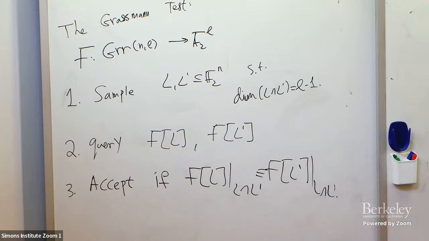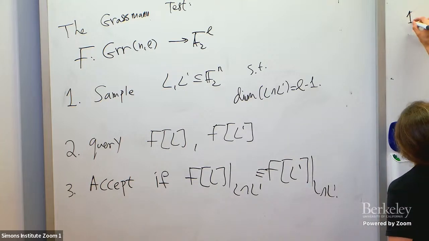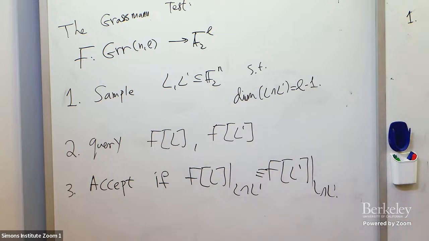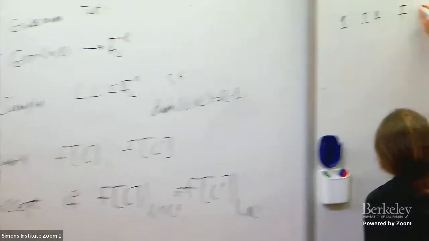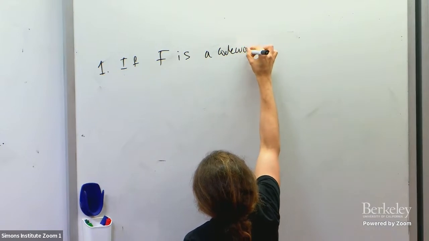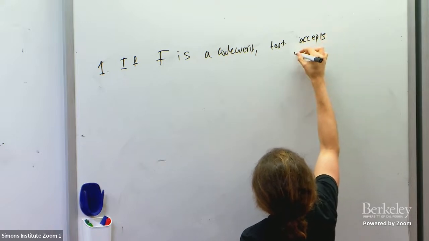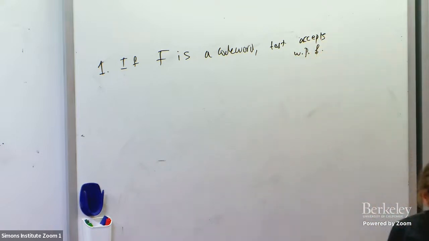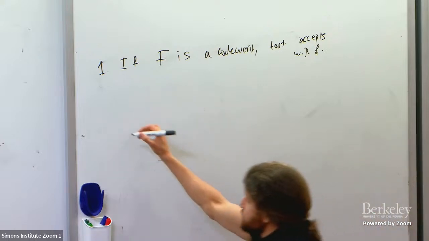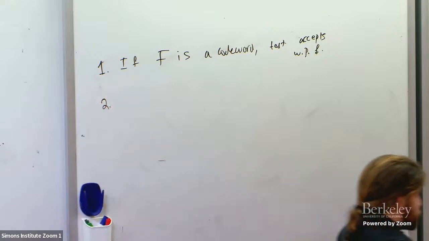So this is the tester. Now we're going to start analyzing its properties. So one thing is clear, the tester is complete. If I run it on an actual codeword from the Grassmann code, it's going to accept with probability 1. Secondly, you can just calculate the length of the codeword here.